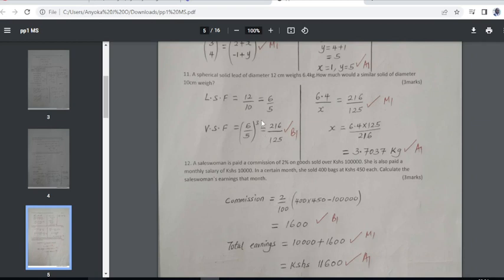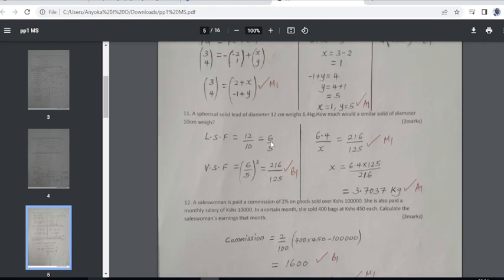A spherical solid lead of diameter 12 centimeters weighs 6.4 kilograms. How much would a similar solid of diameter 10 centimeters weigh? When we hear the word similar, this term is suggesting similarity and enlargement.